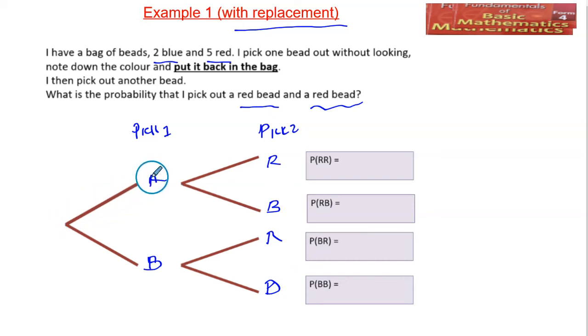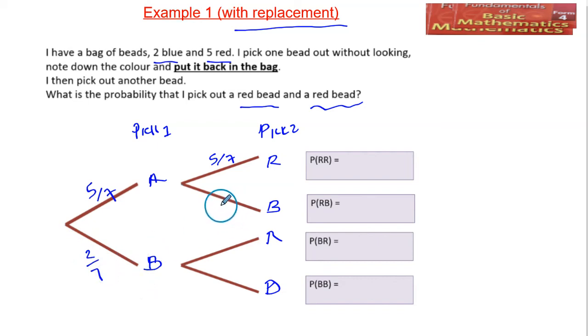So what's the probability of getting a red bead? Well, there are 5 red, 7 in total, so it's 5 out of 7. Again, second time, because I put the bead back in the bag, I still have the same chance, which is 5 out of 7. Now, what's the probability of getting a blue? Well, it's 2 out of 7.